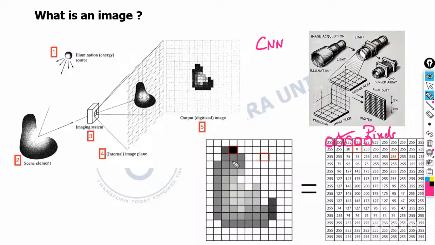If an image has a larger number of pixels, then the resolution and the clarity of that image will be very high. Depending on the pixel count, obviously the resolution and clarity of the image will be high. Nowadays, everyone has started purchasing 4K TVs, right?